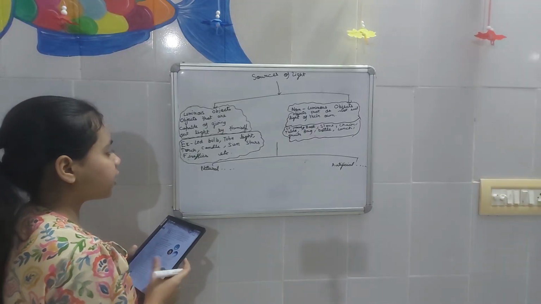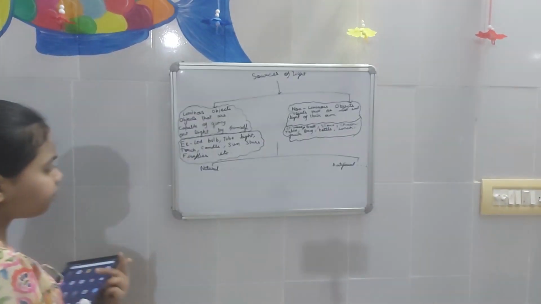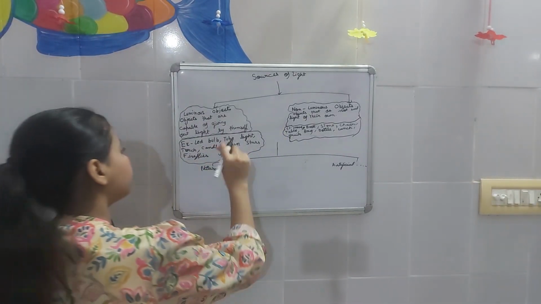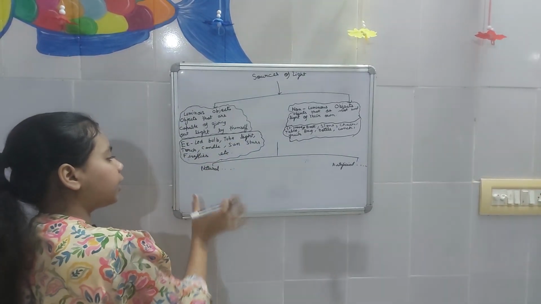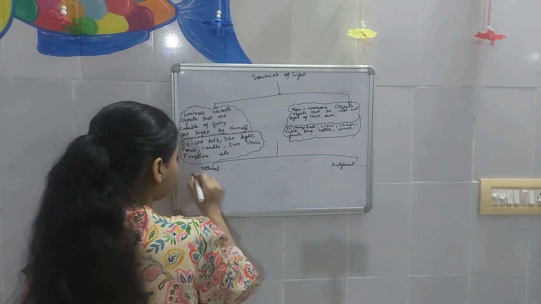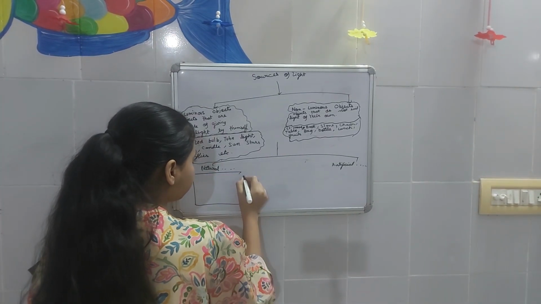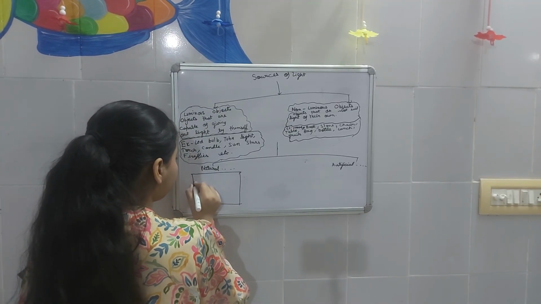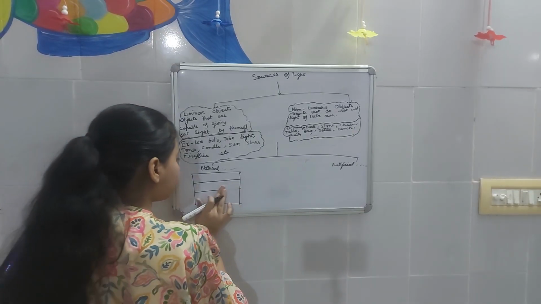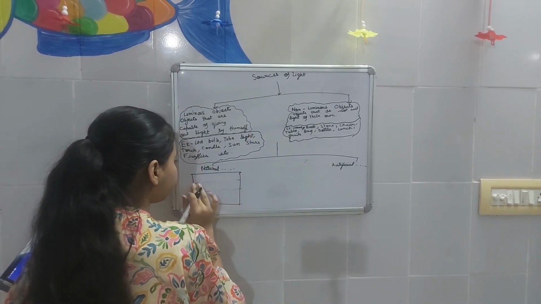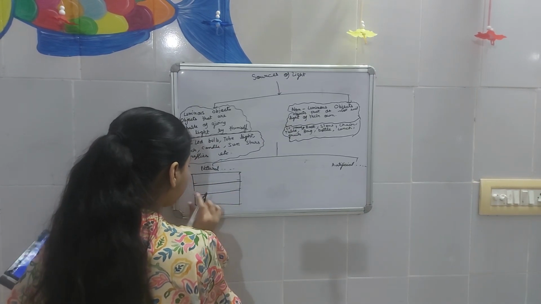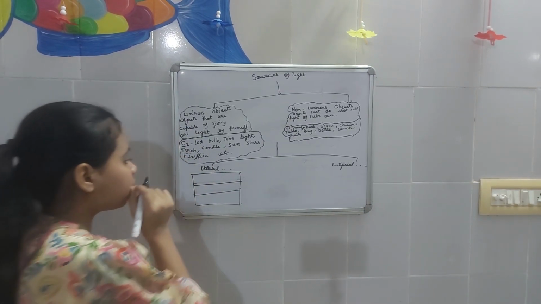So what can be the examples? Let's not write examples. Let's do an activity. From this we have to tell which ones are natural and which ones are artificial.